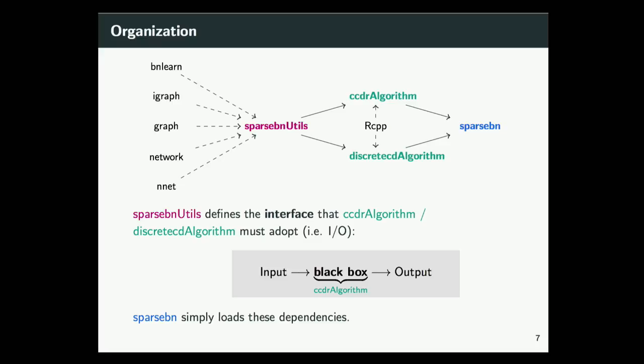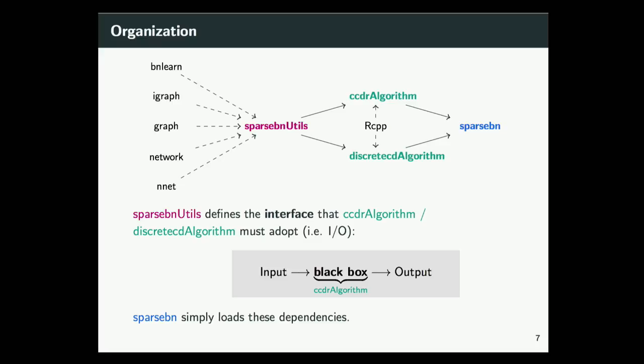And then here, ccdrAlgorithm and discretecdAlgorithm are two packages that implement the actual algorithms, the actual research code. So there's nothing publishable in the rest; that is just a lot of glue code. This is the stuff that's publishable, the new stuff that's interesting. And the most important thing is that what sparsebnUtils does, in addition to defining a lot of common code and classes, is that it defines an interface that the algorithm packages are going to have to adopt.